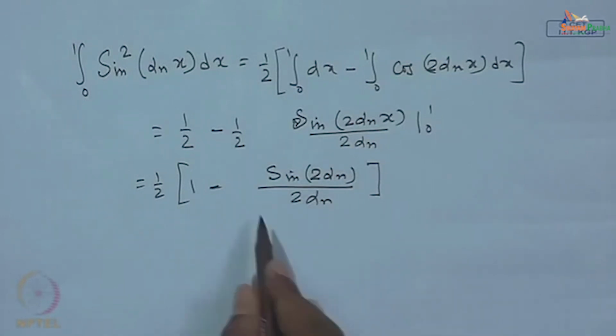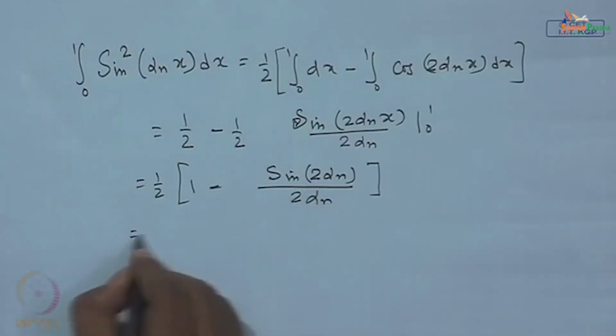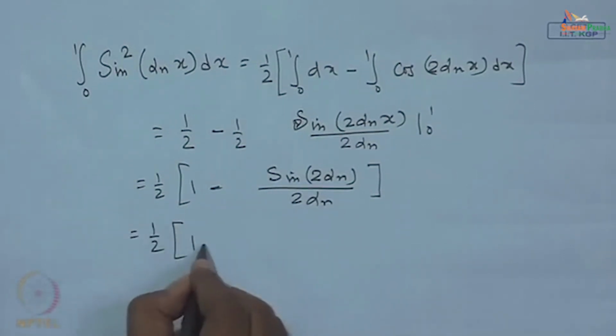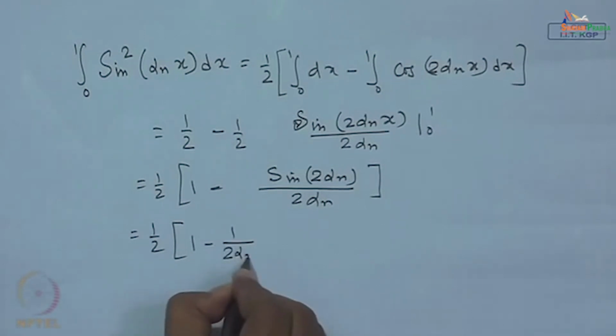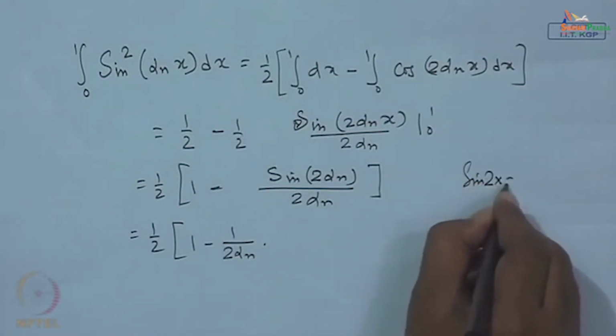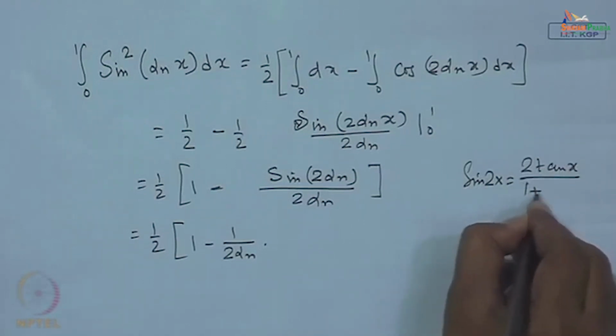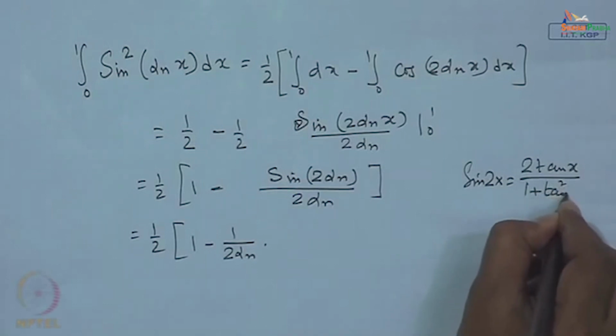Now, we break this down into tan alpha_n. So, this becomes half times 1 minus 1 by 2 alpha_n, and sin 2x is nothing but 2 tan x divided by 1 plus tan square x.